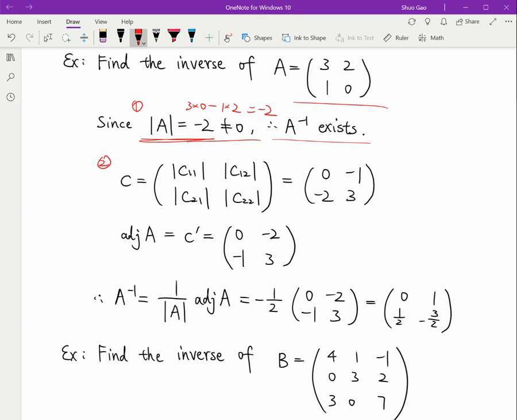The second step is to find the cofactor matrix. Cofactor matrix C, as I said, is a 2 by 2 matrix, so it has only 4 elements: C11, C12, C21, C22. C11 is the cofactor of A11, the number 3. The cofactor of this element means we need to delete the row and column where number 3 is at, the first row and the first column.